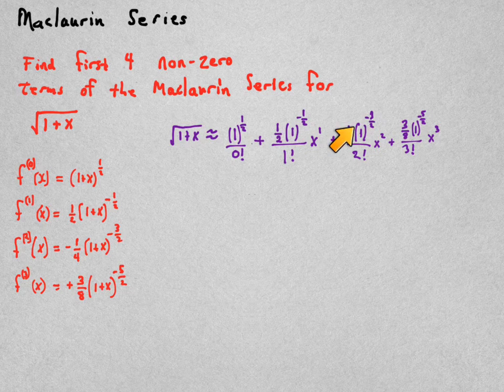We just take the nth derivative, starting with 0, and then you take x to that power, and we take the n factorial in the denominator.